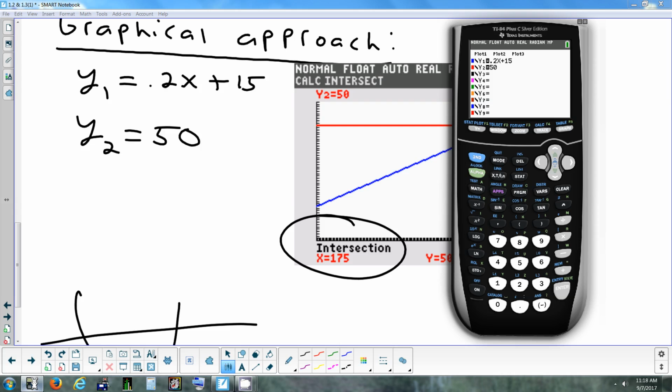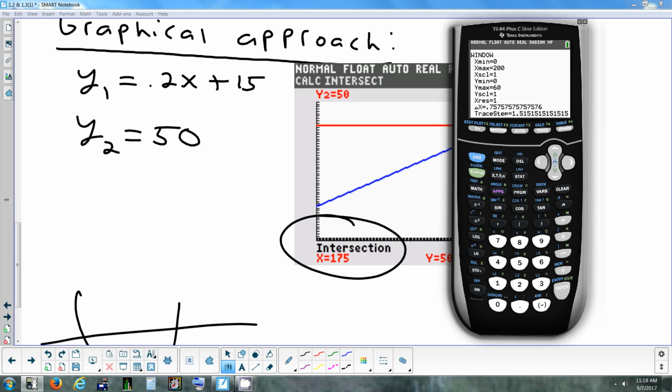Looks like that's what he has. He's got 50. Let's check the window. We've got negative 200. Oh, you have negative 20, but that shouldn't matter. Your y min and y max are not the same as mine. Just set that and we'll be all set.